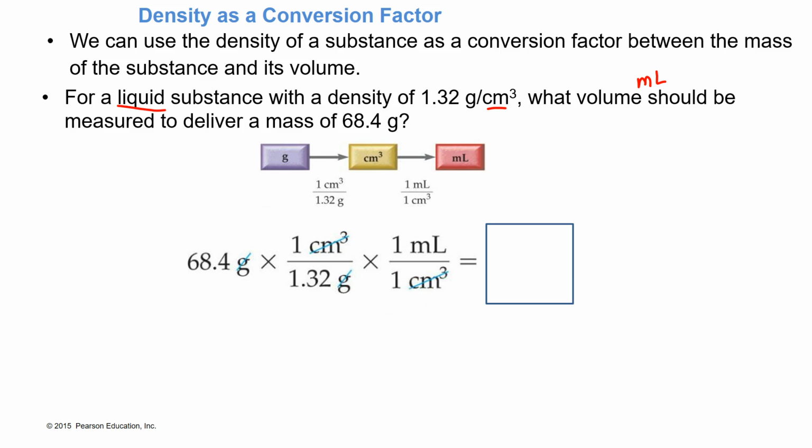But I'm not going to calculate that because anything times 1 is that number. So 68.4 divided by 1.32 gives us our answer. And then because grams canceled and because centimeters cubed canceled, our answer ends up being in milliliters.